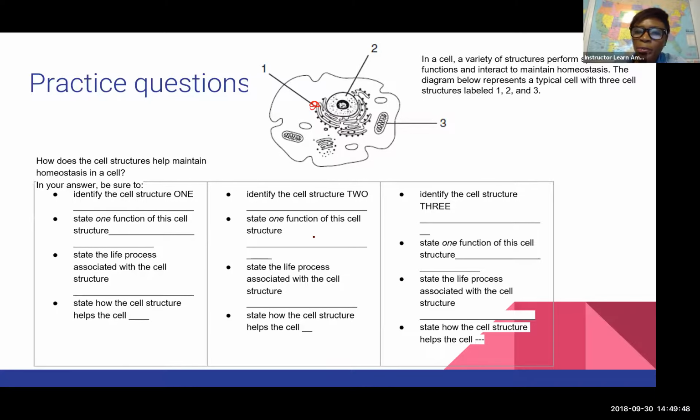I know some people probably just say that it contains genetic information. That's fine, but the primary function of it is to control the cellular activities. The life function will be that it's involved in distributing genetic information for reproduction. And the cell uses it to maintain homeostasis.